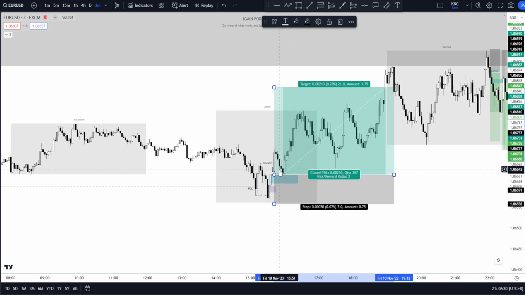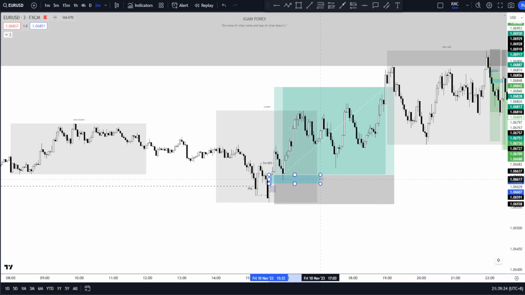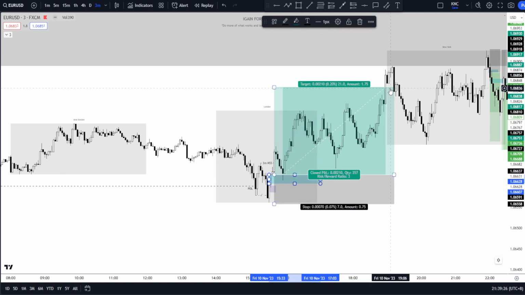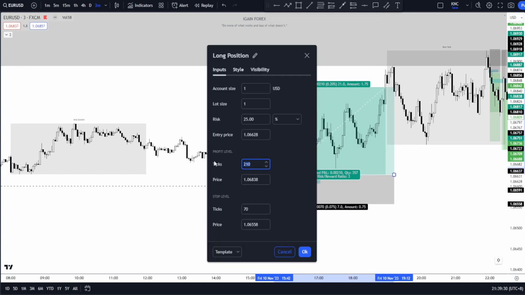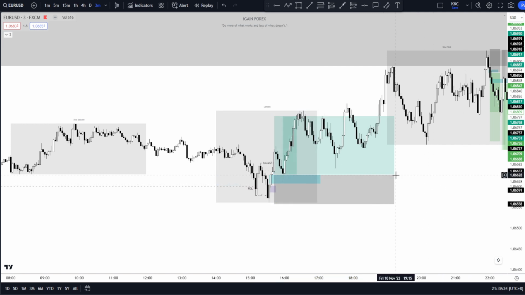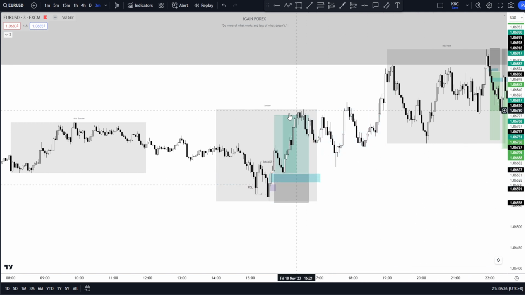Luckily, as we can see, after a tap on this 3 minutes FVG, we've reached this take profit. Our partial is at 14 pips here. That was my partial, and then I set my SL to break even for a risk-free trade.